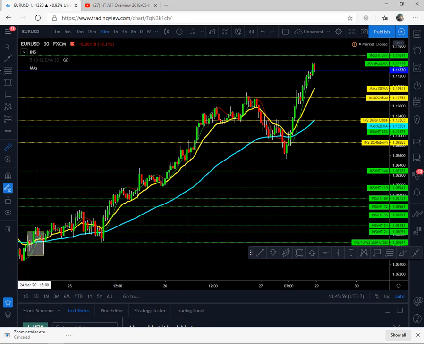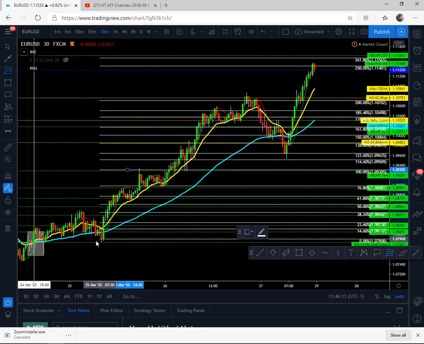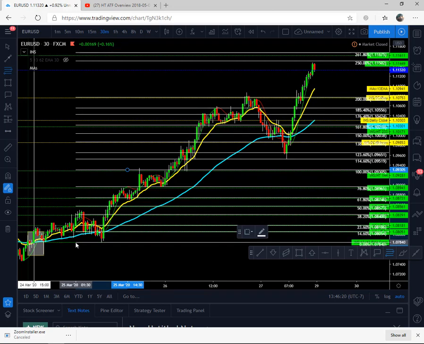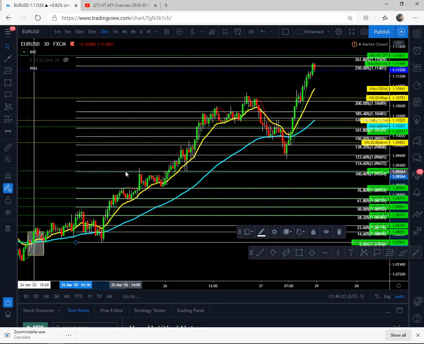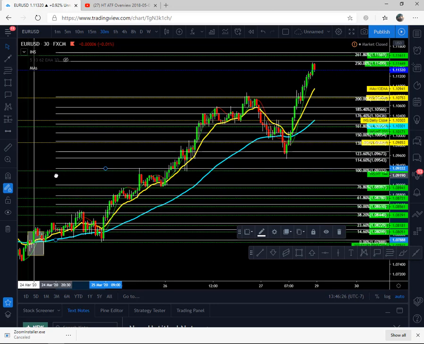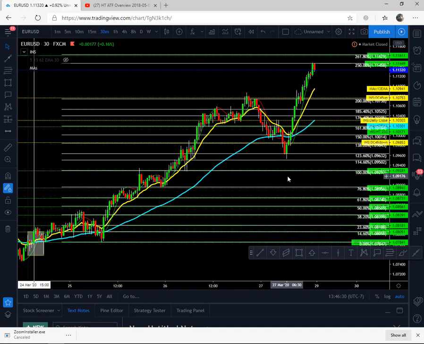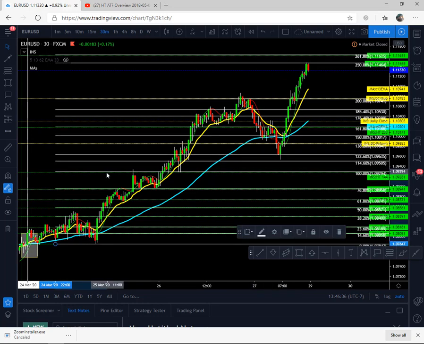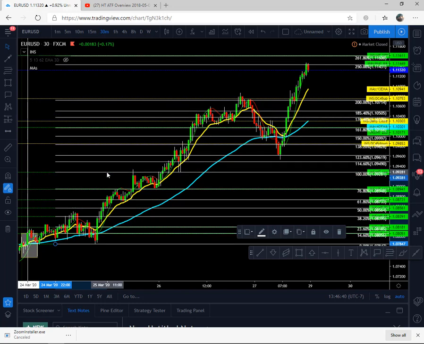So with that in mind, I basically place my fib retracement on the 144 and then drag down where the 1362 cross happened. So notice how they match.